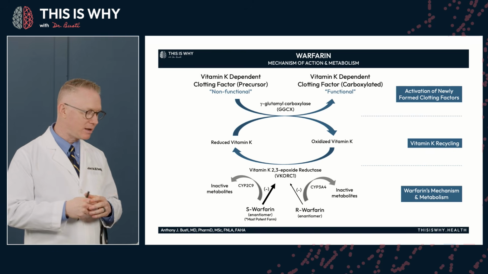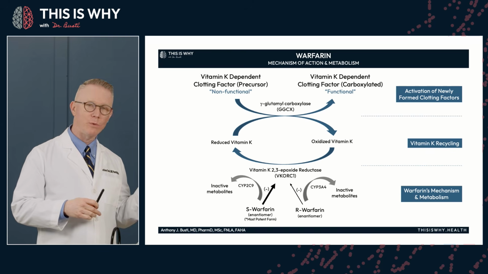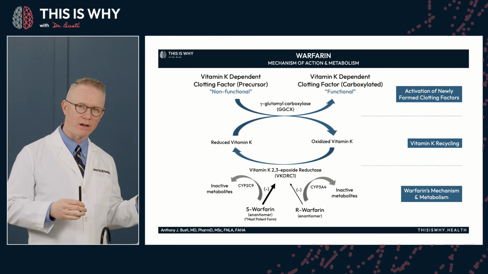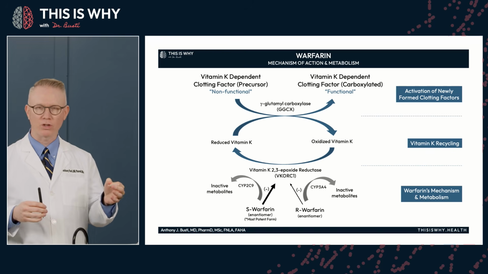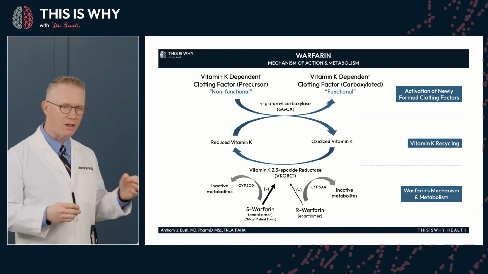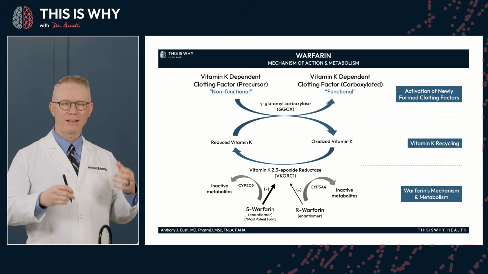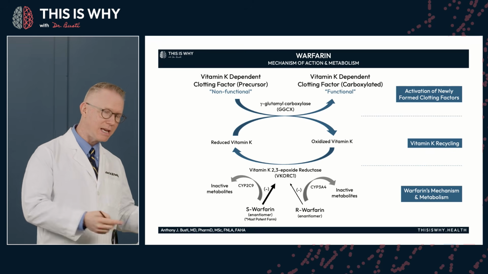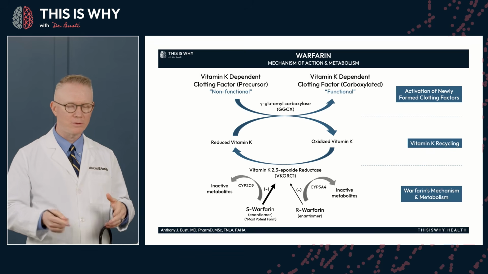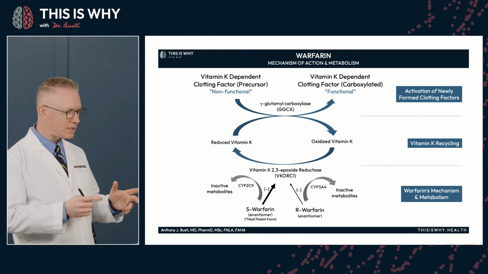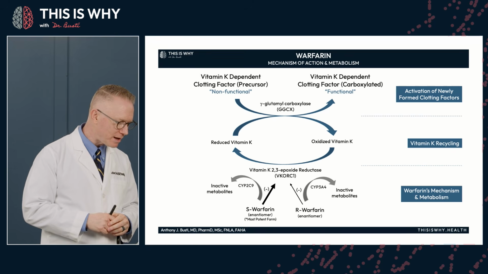Well, it's primarily impacting the recycling of vitamin K, which is necessary in order for the functional activation of the clotting factors 2, 7, 9, 10, protein C, and S, okay?